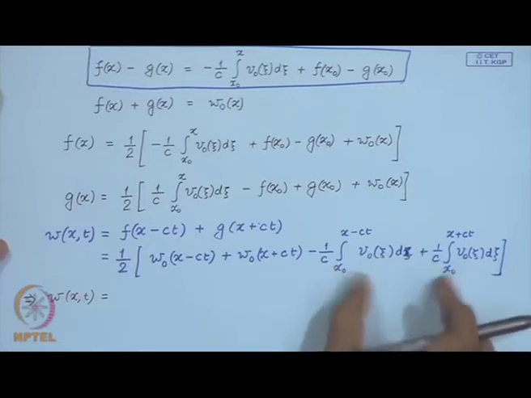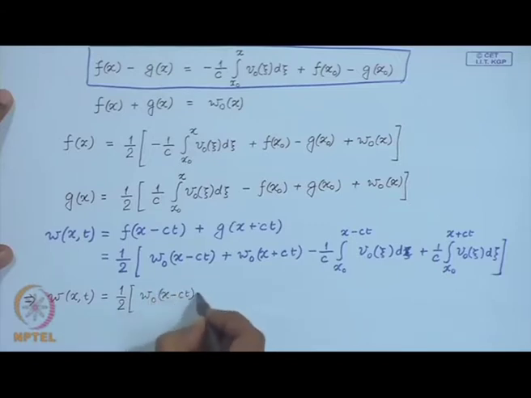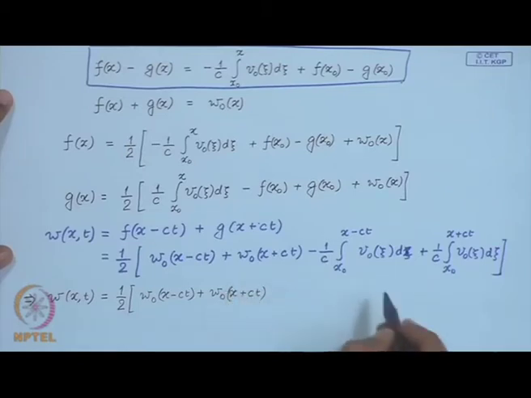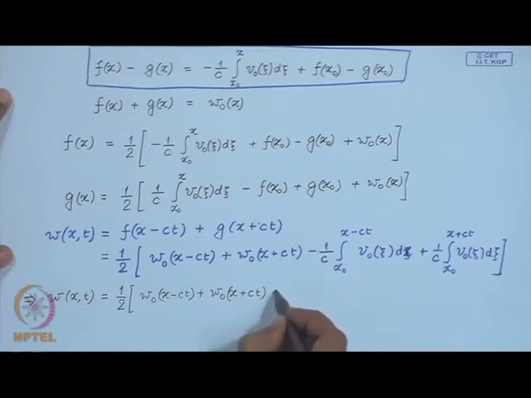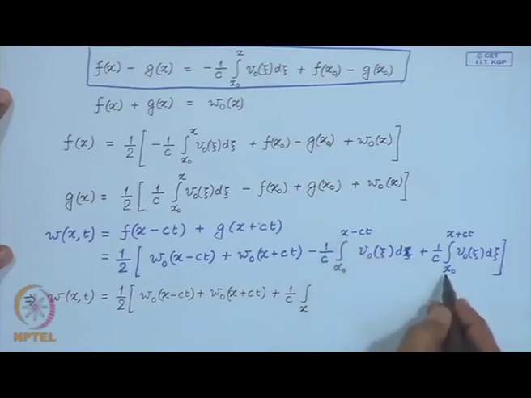So, I can combine these two integrals and write them as, here I reverse the order, so this becomes plus x minus c t to x 0, and this is x 0 to x plus c t.